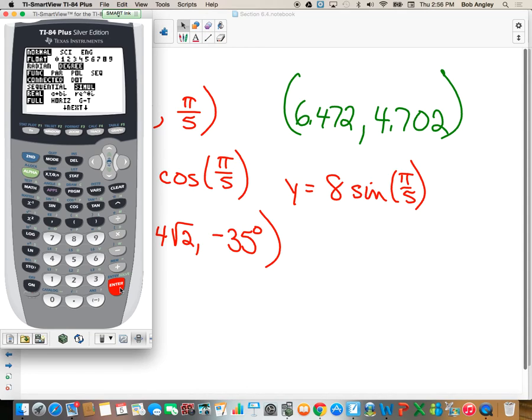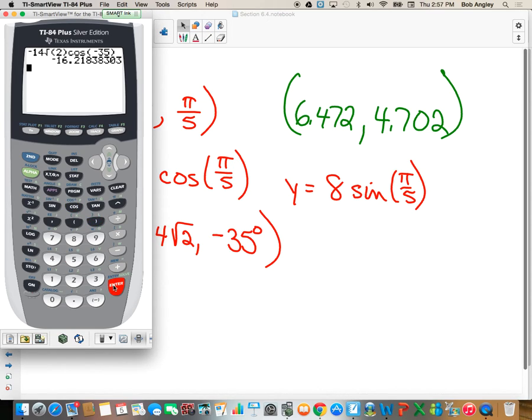Then we're just going to start typing in the stuff. Remember that was negative 14 square root of 2, and then cosine of negative 35.